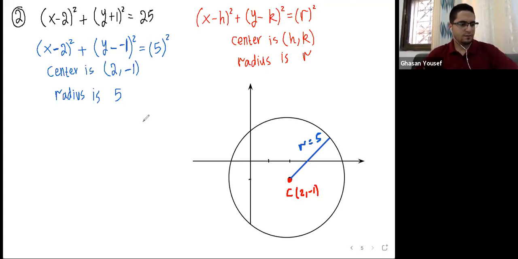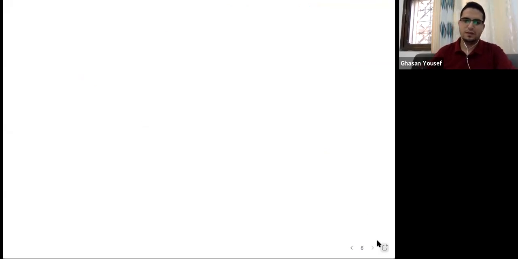Okay, this is how we can graph the equation. Now we have a different example.